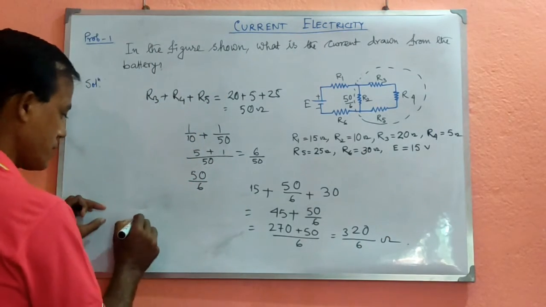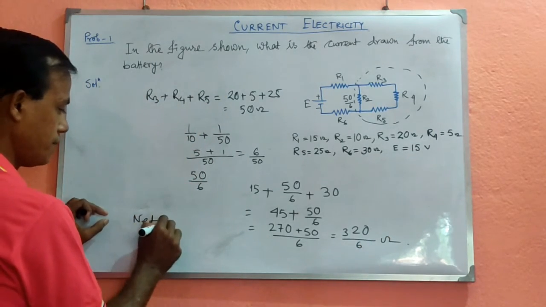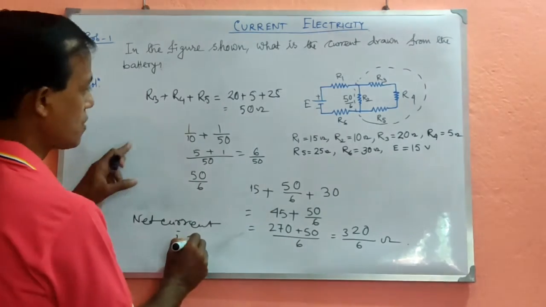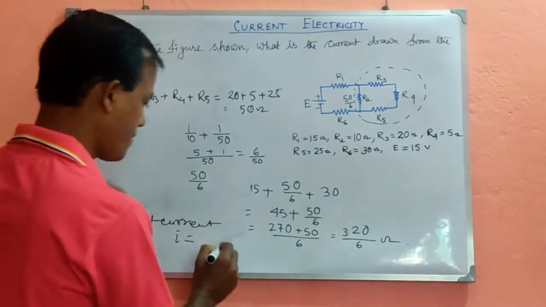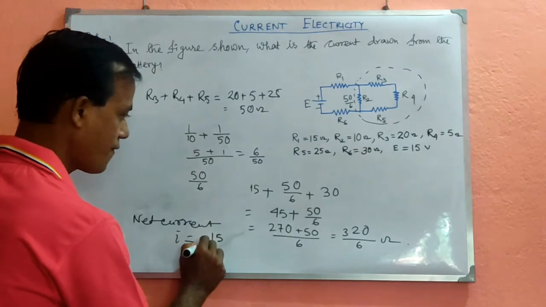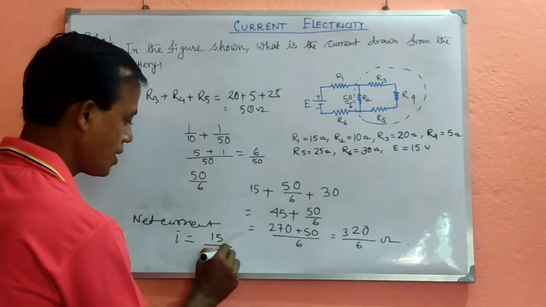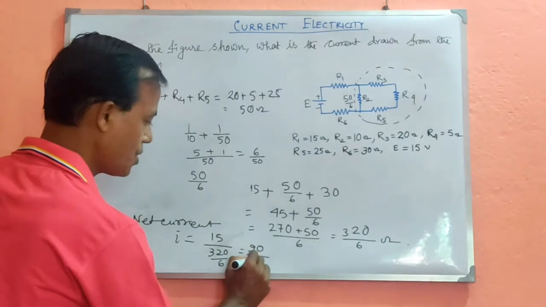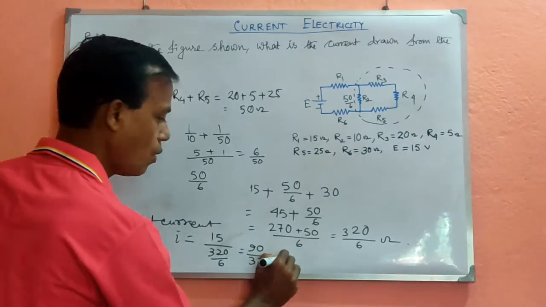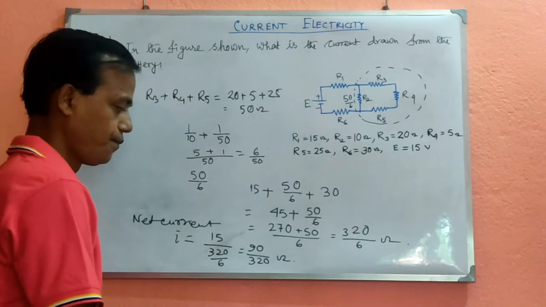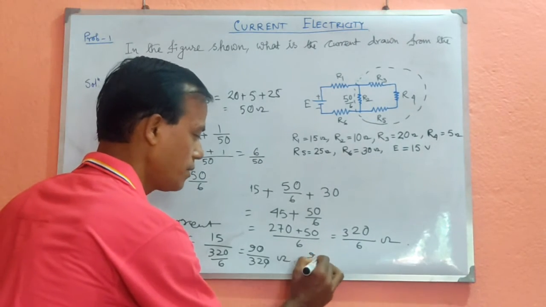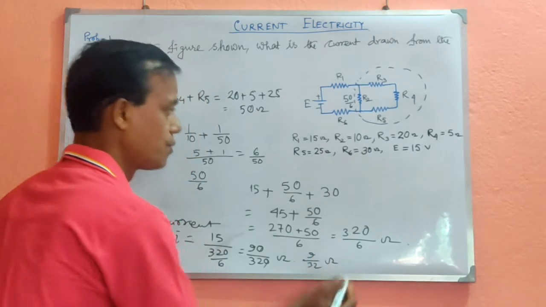So the net current I is equal to E by R, 15 by 320 by 6. So 90 by 320, it comes 9 by 32 ampere.